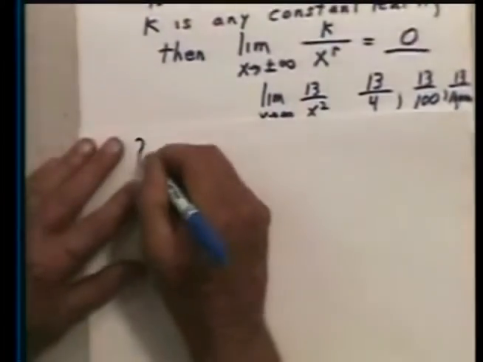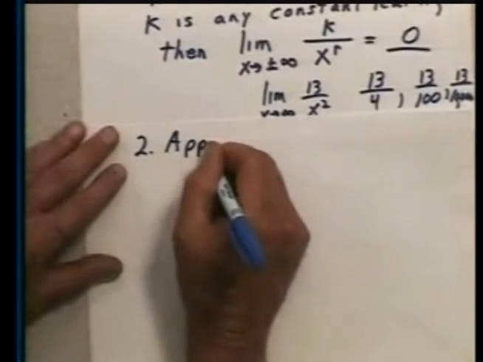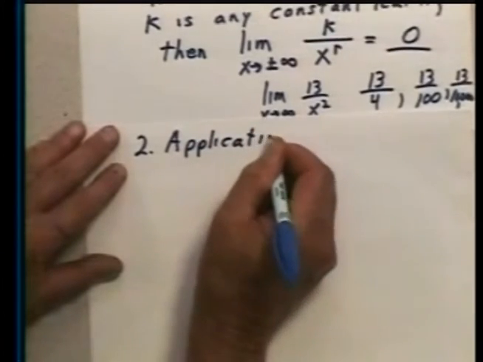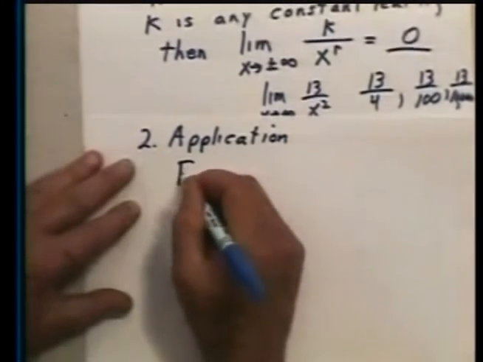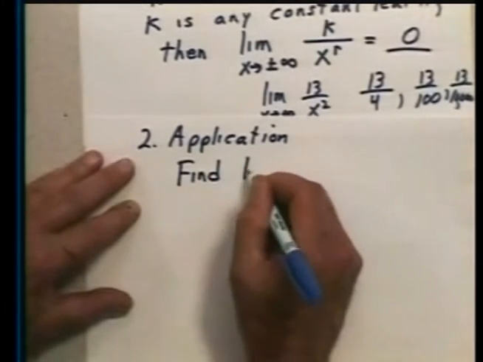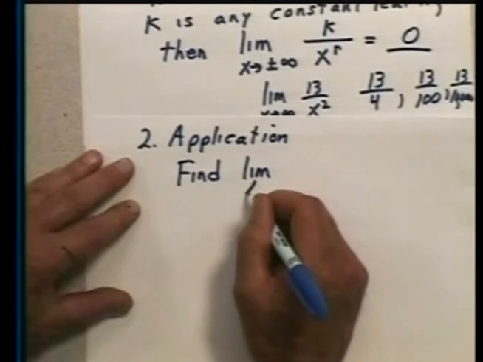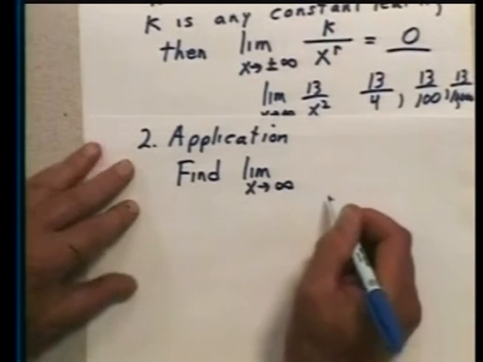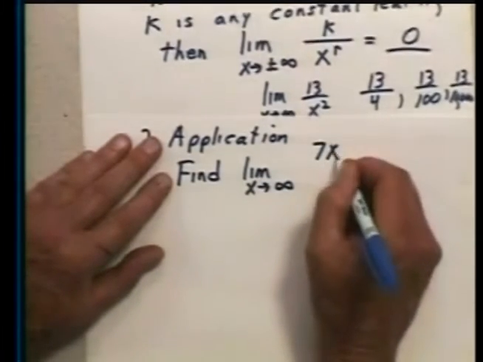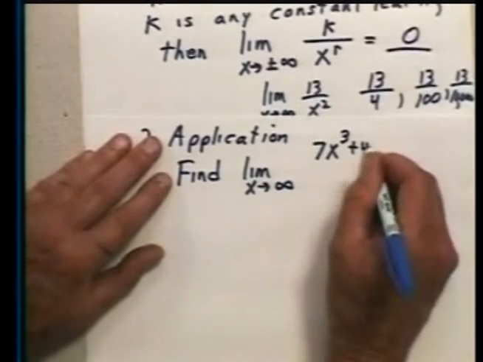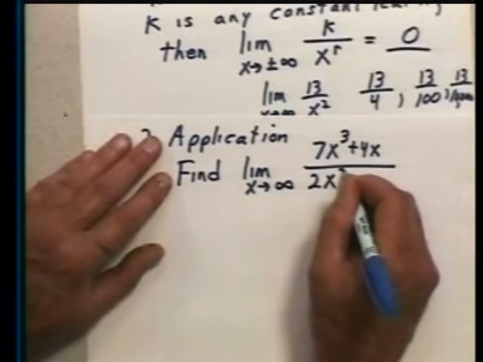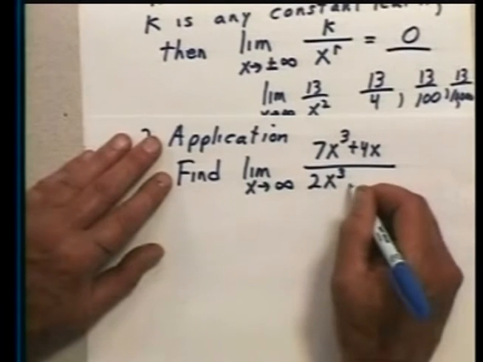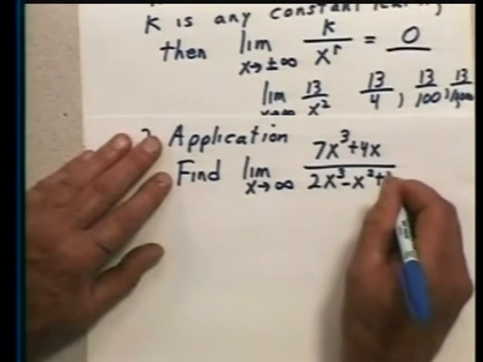This is number 2, an application of it. Find the limit as x approaches infinity of 7x cubed plus 4x all over 2x cubed minus x squared plus 3.